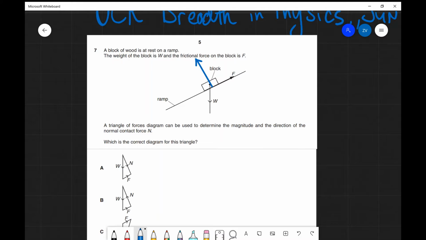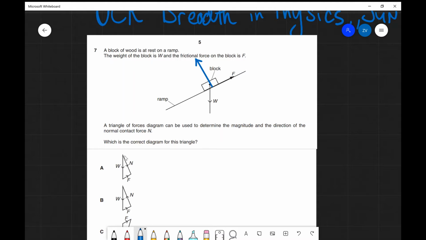Well, let's see which of those vector triangles keeps all of those forces in the correct orientation and the correct direction as well. So for A, W is pointing straight downwards, which is true, so W is pointing in the same direction as here. F is pointing upwards and to the right, which is fine, just as in our diagram here.